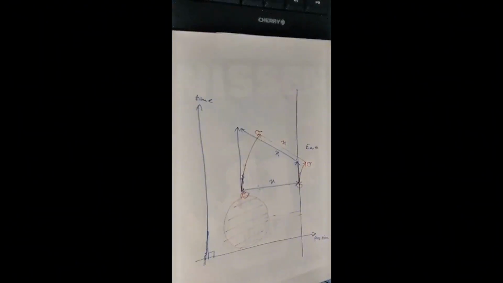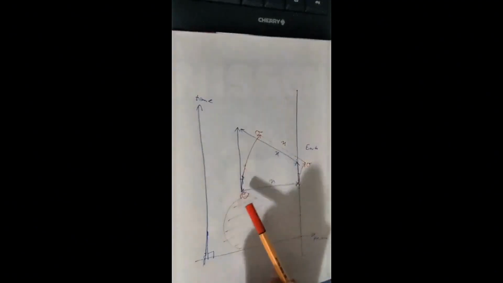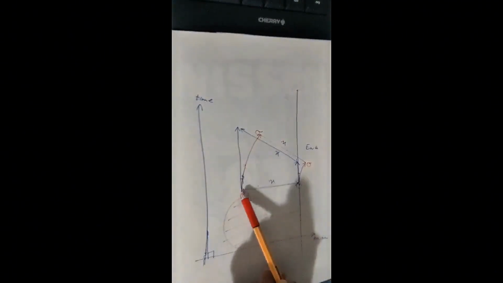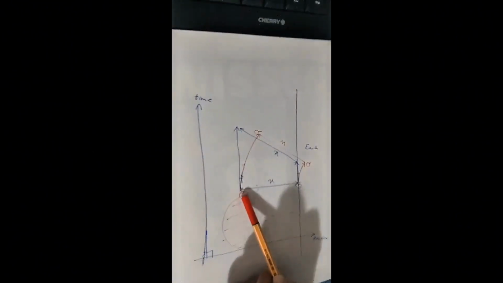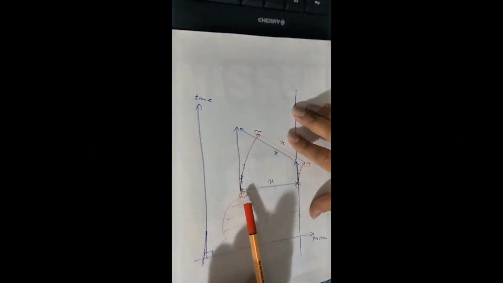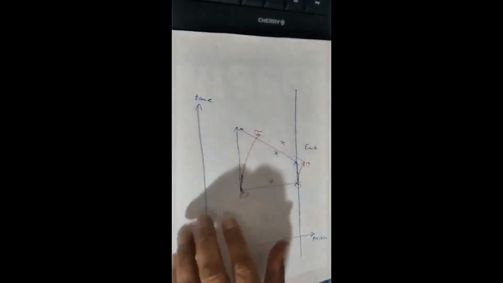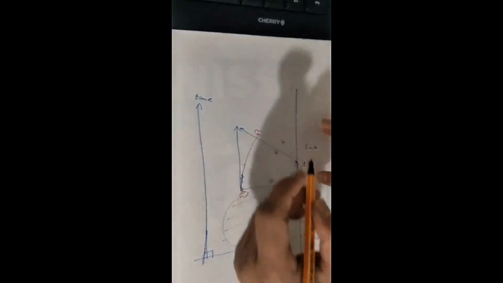Very interesting is that I am holding the apple here via a force, and if I hold it, it will have this constant x from the Earth. So this x will remain constant.